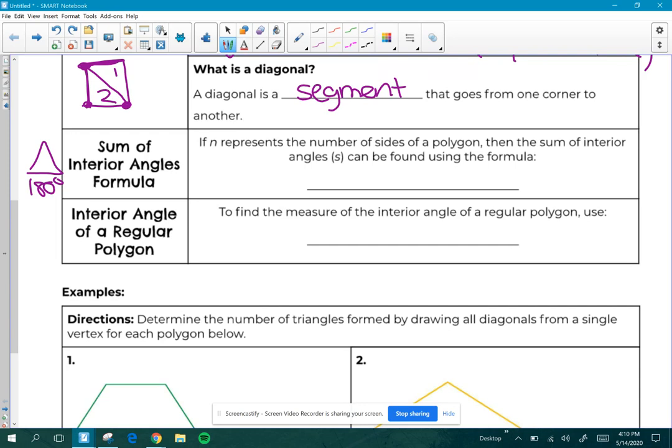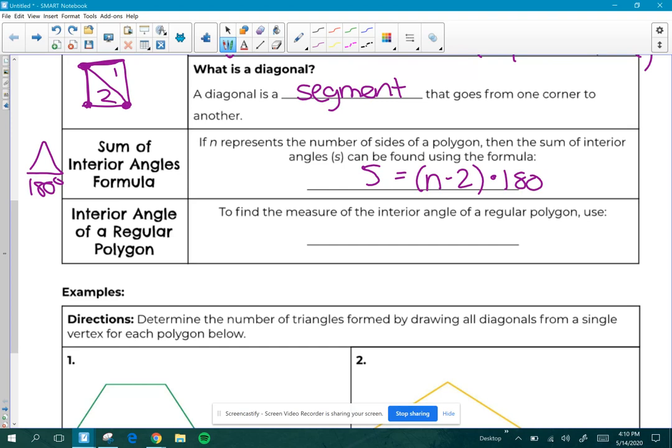It says if n represents the number of sides of a polygon, then the sum of the interior angles, s, can be found using the formula. And this is our formula. We can find s by subtracting 2 from the number of sides and then multiplying that by 180. That will give me my sum.